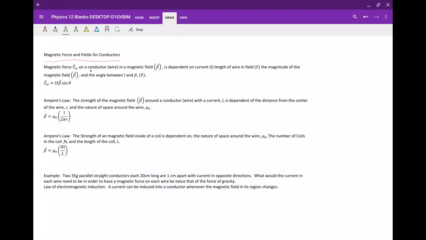All right. So the magnetic force on a conductor in a magnetic field is dependent on the current in that wire, and the length of the wire in the field, like how much of it is in the field. Is only just a short bit of the wire in the field, or is a long bit of the wire in the field?